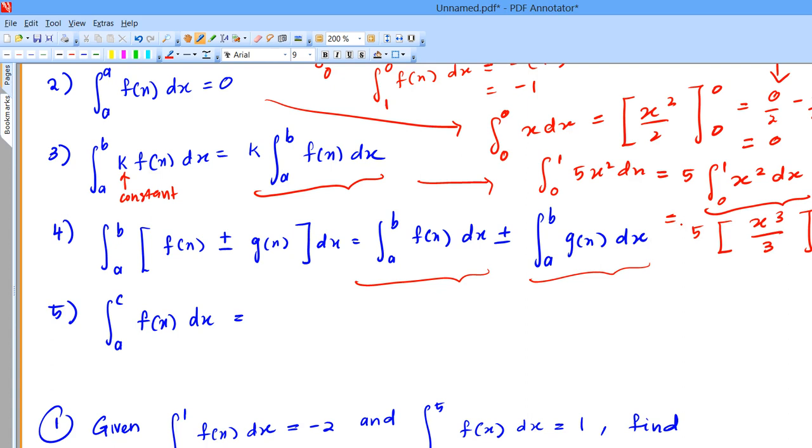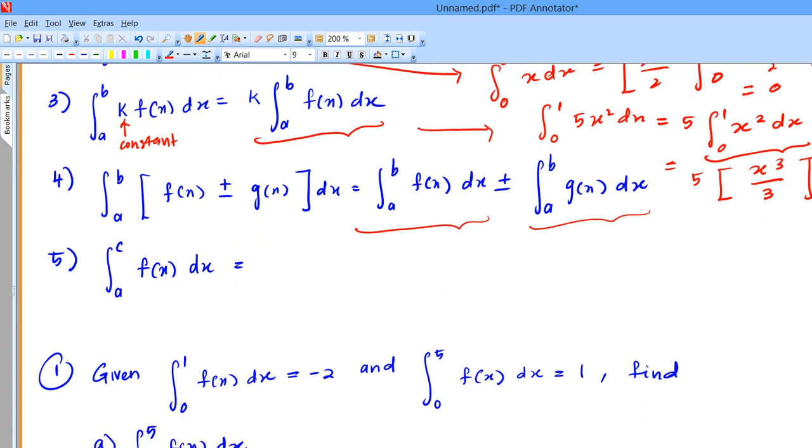And lastly, number 5, okay, how to separate the integral. If we have integral of f(x) dx from a to c, actually we can separate this integral into two. So to separate this, first you have integral of f(x) dx plus integral of f(x) dx.